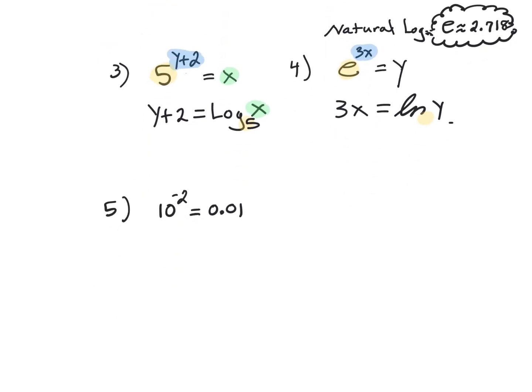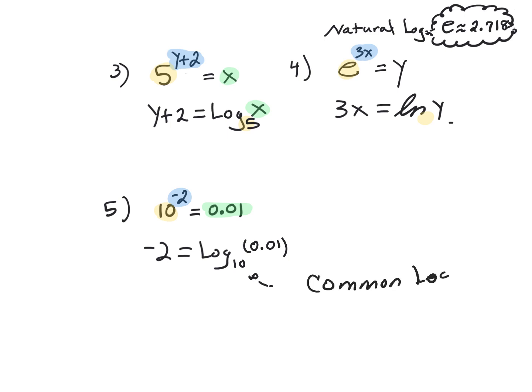And then base 10, so the exponent stays on the side that the exponent is written. So negative 2 equals log base 10 of 0.01. And when you have a base 10, that is called a common log.